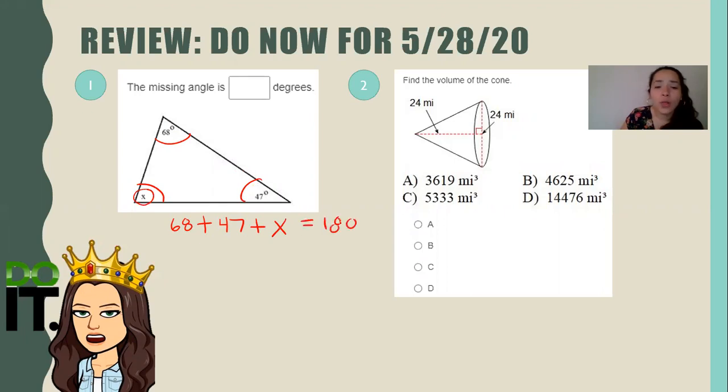Notice I put all three of them because all three angles added together make 180. So I'm going to take my calculator and add 68 plus 47. That gives me 115 plus X is equal to 180.